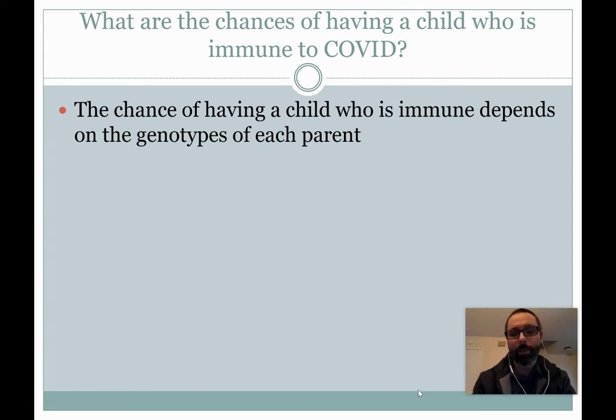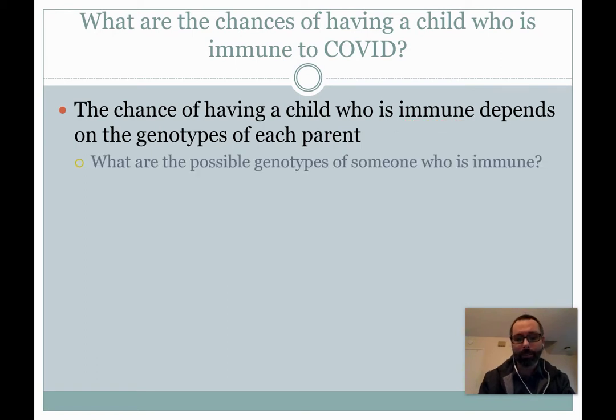And in particular, we need to know the genotypes of each parent. Immune here is a phenotype. Immune is a description of the person, but what about the genotypes of each parent? So first off, what are the possible genotypes of somebody who is immune? What two letters are they going to have? And we've been using the letter A if you don't remember.